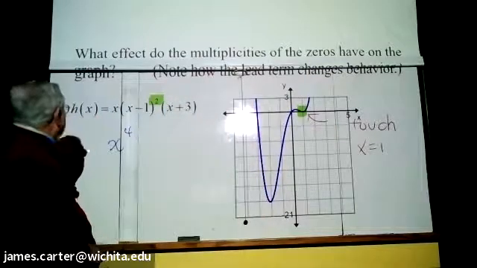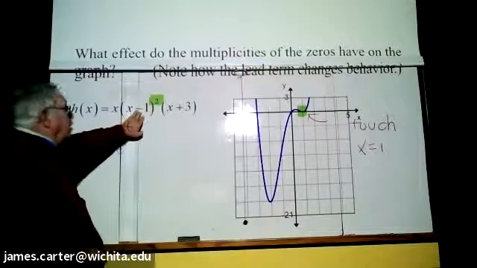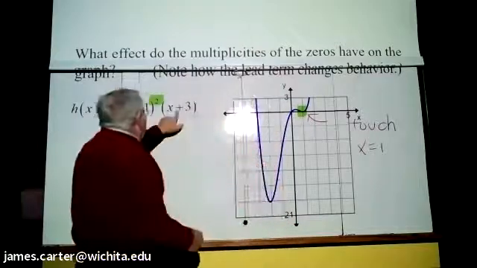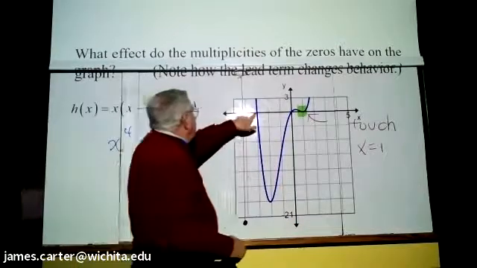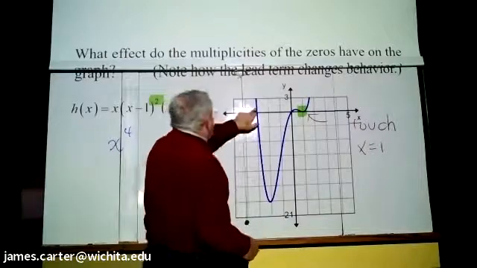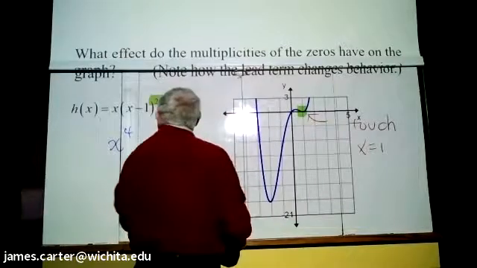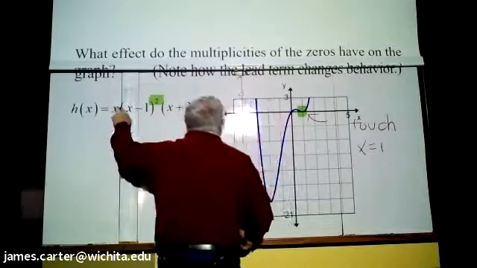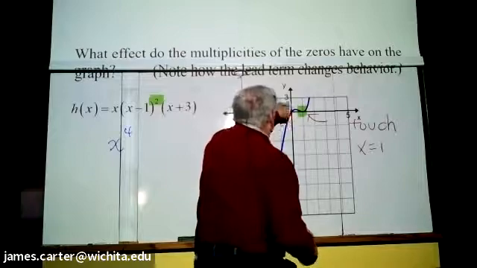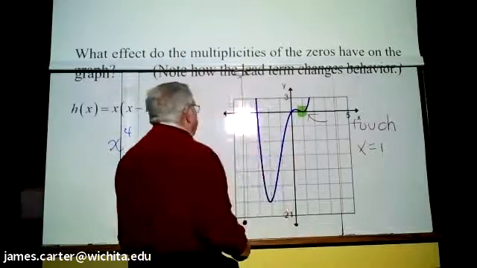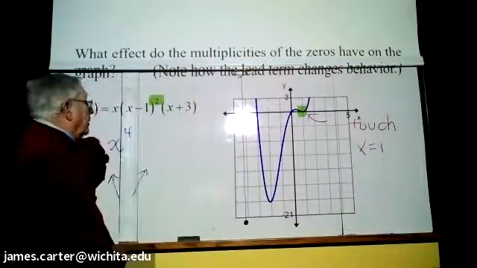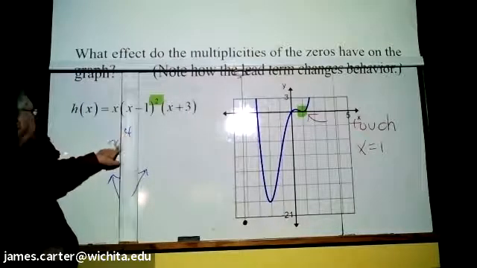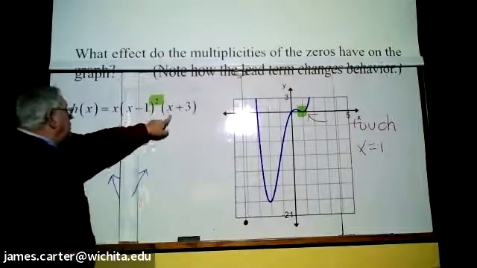Okay? So x minus 1 gives you x equals 1. X plus 3 gives you the negative 3. This one is crossing. Okay? 0 is crossing. Now, if that had been an x squared, then that would have been a touch and go. This also would have been a fifth degree equation. So here's our ending behaviors. Here's our total degree of the equation.